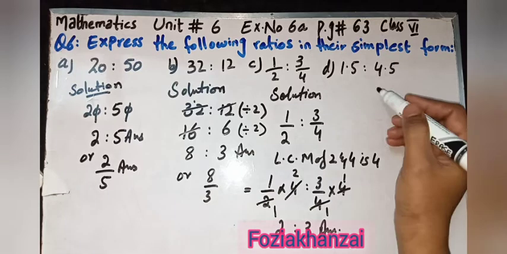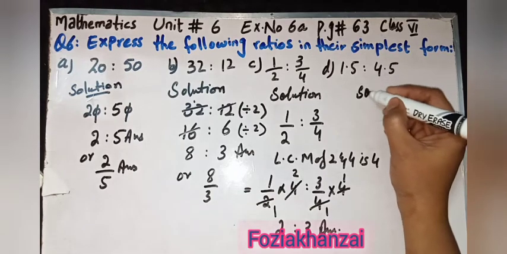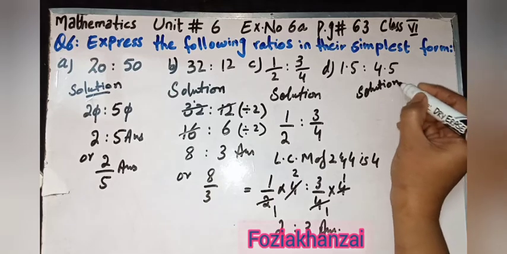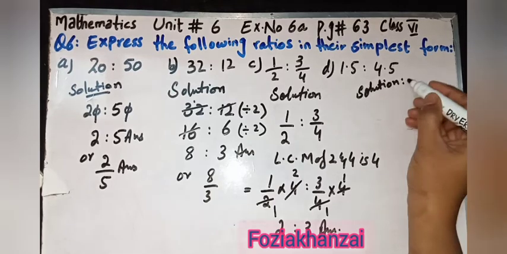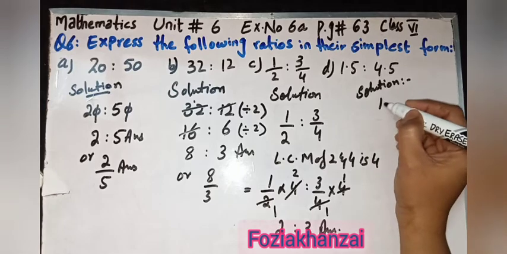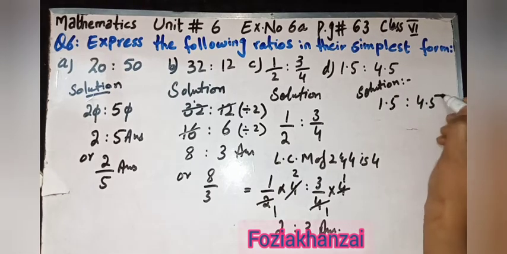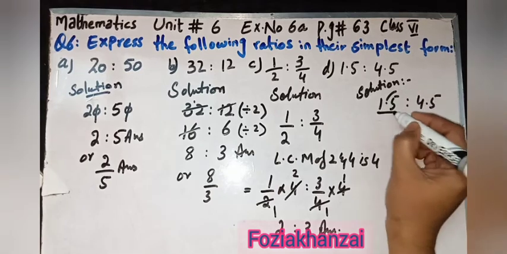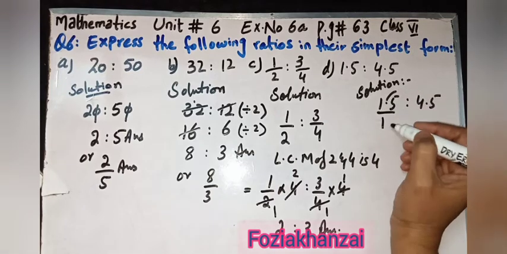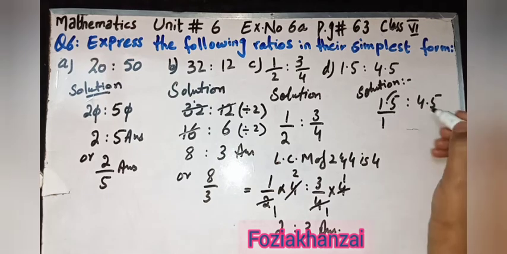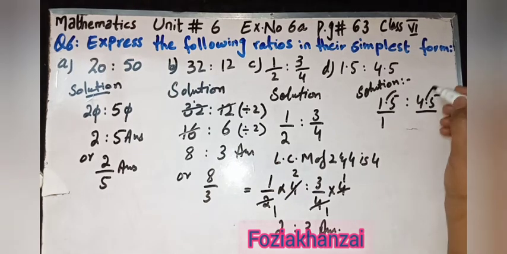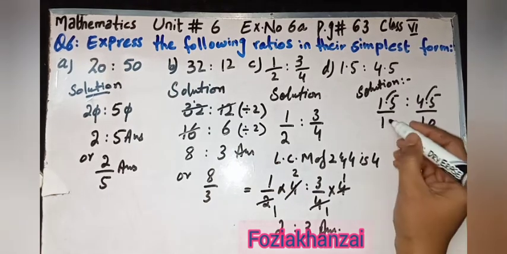Clear? Now this part, part D, decimal is given. Okay, first step, remove the decimal. 1.5 is to 4.5. Remove the decimal, in place of the decimal write 1 over here. After the decimal we have 1 digit, so we put 1 zero.